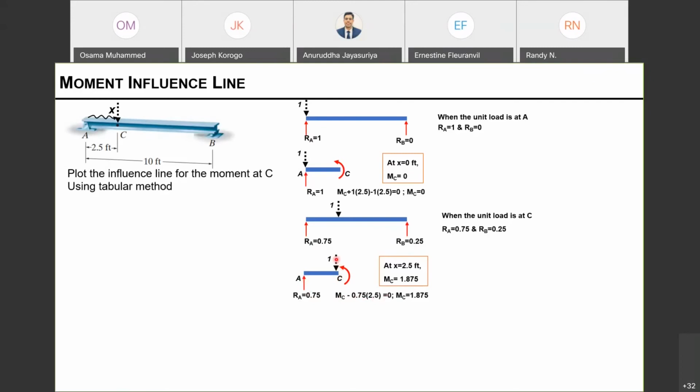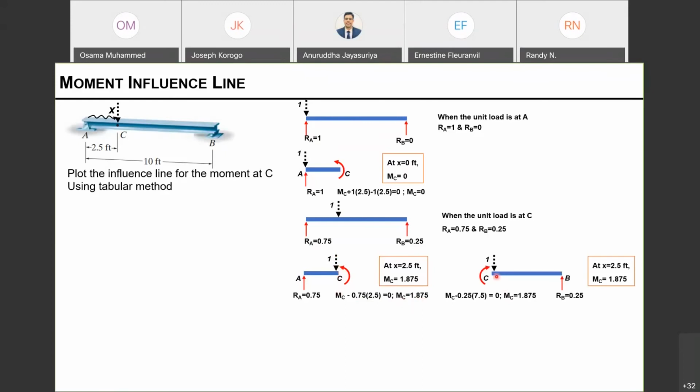I do not have this into consideration because I'm taking moments about that point, and this load is on top of C. I do not have any moments contributed by this applied unit load. So by calculating this, I get to know that MC when my load is at C is 1.875.